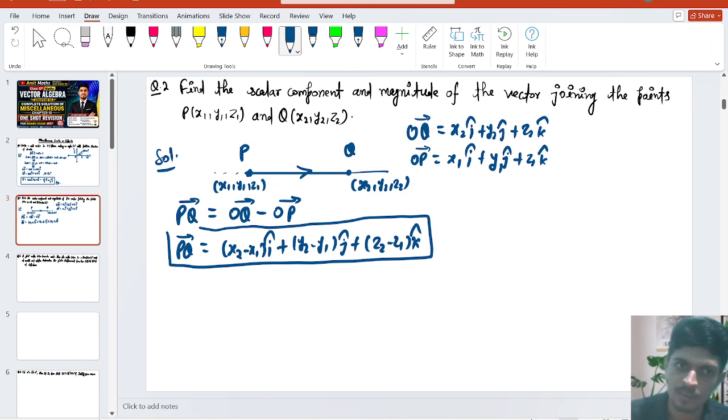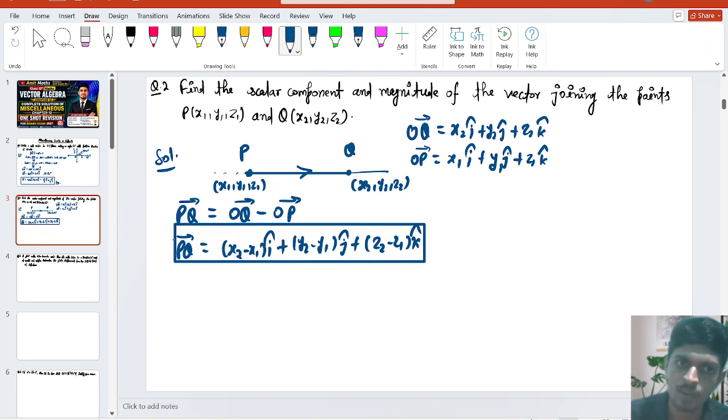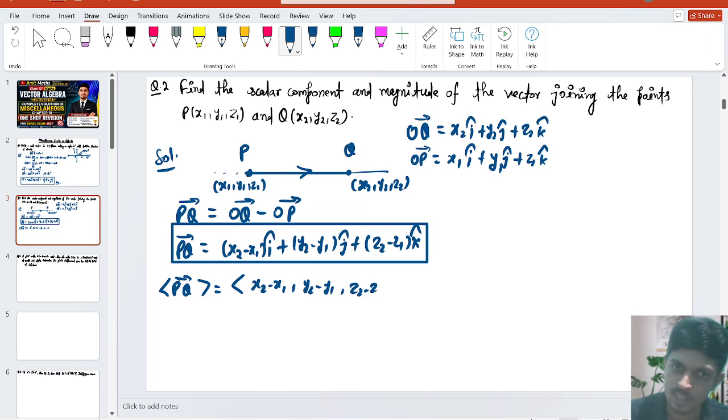In the question, it asks for the scalar component. The scalar components of vector PQ are x2 minus x1, y2 minus y1, and z2 minus z1.